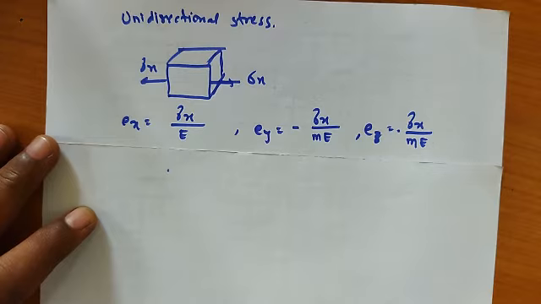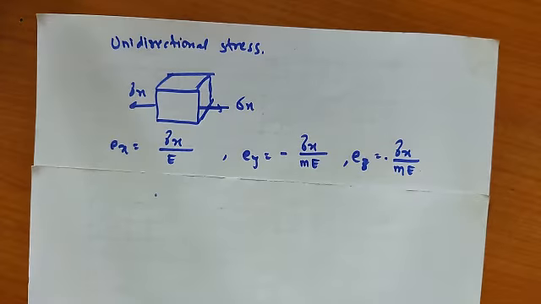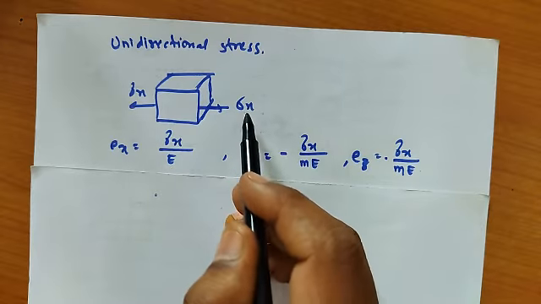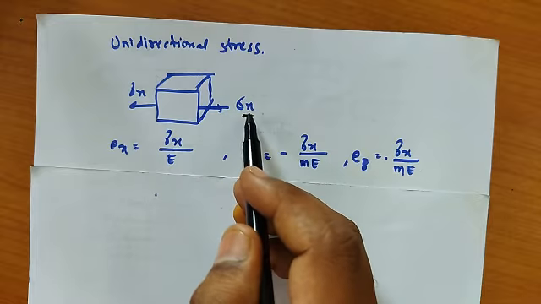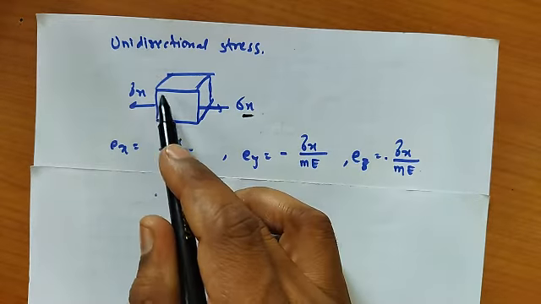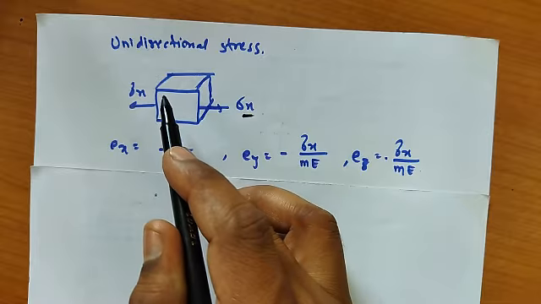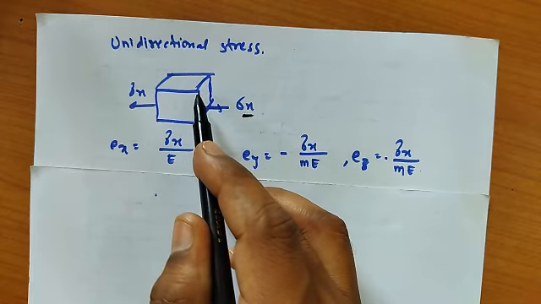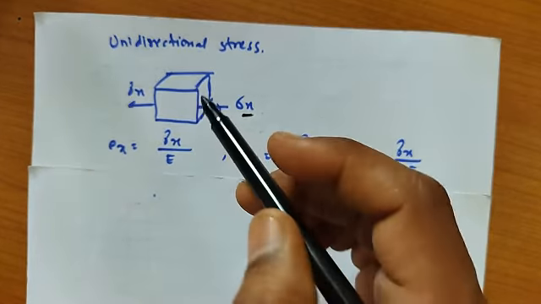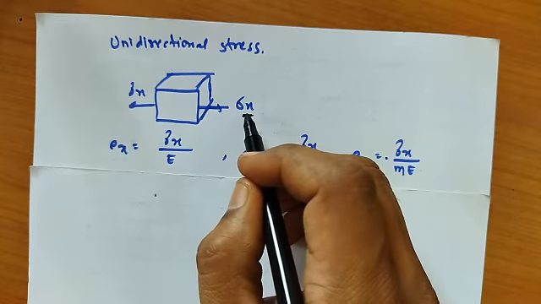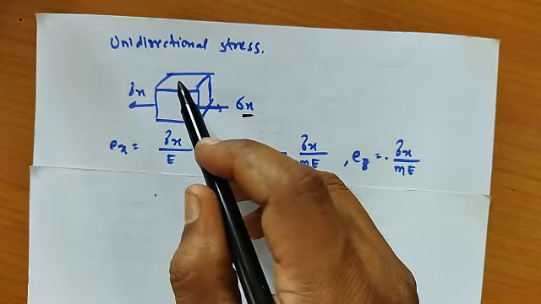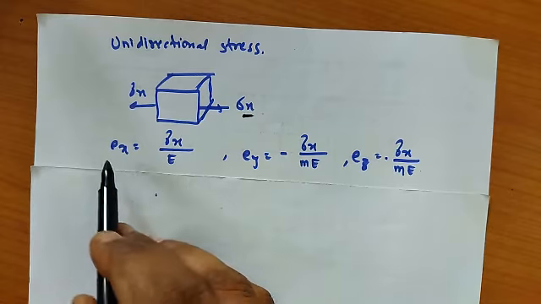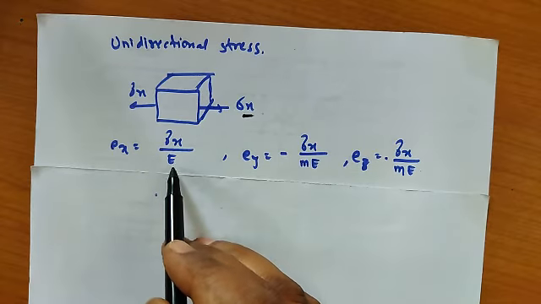Now we'll see unidirectional stress. We have considered a rectangular block, subjected to tensile stress in X direction. When tensile stress is developed in X direction, a longitudinal strain is developed, and it will be positive. But if you see this block, there is also a change in volume because the lateral dimensions are reduced. So the strain in X direction is sigma X by E because it is tensile.